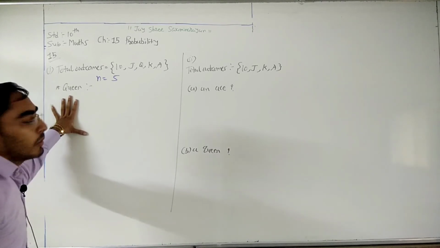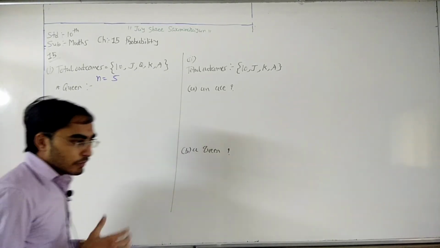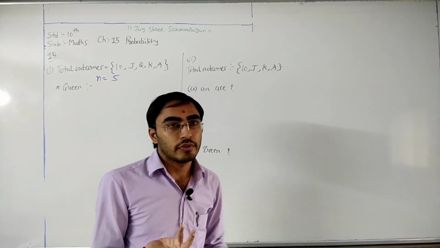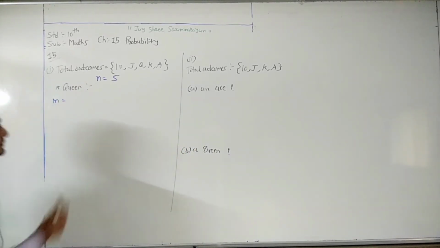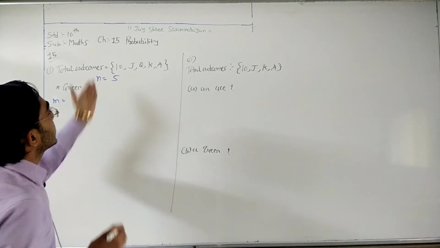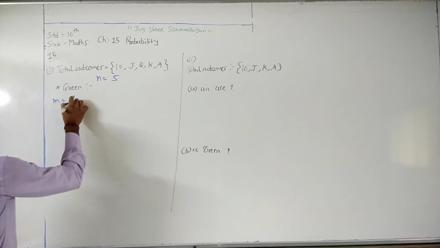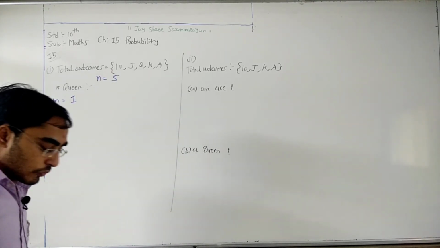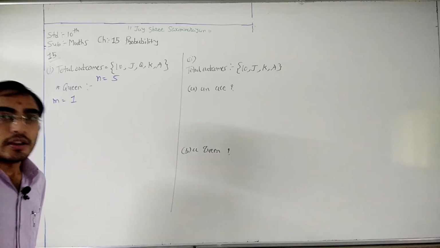Now we need to find the probability for queen. Okay? So first of all we need to find the favorable outcomes. Right? So for favorable outcomes, how many queens are there? Only 1. Right? We have only 1 queen. So our favorable outcome is equal to 1. Okay?